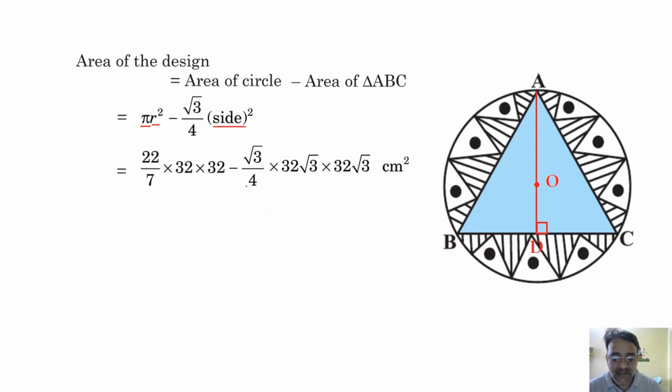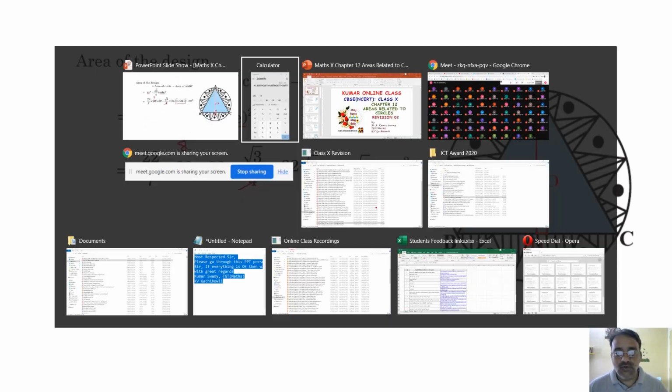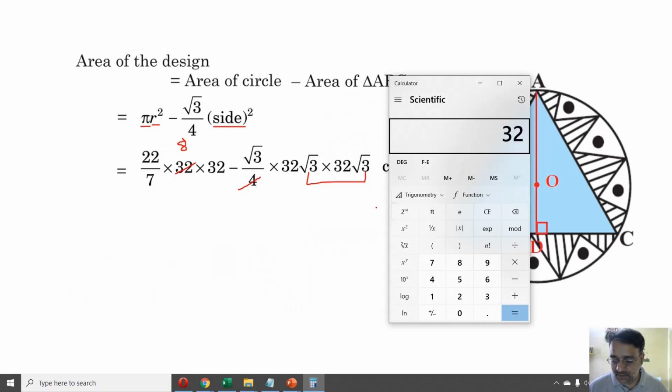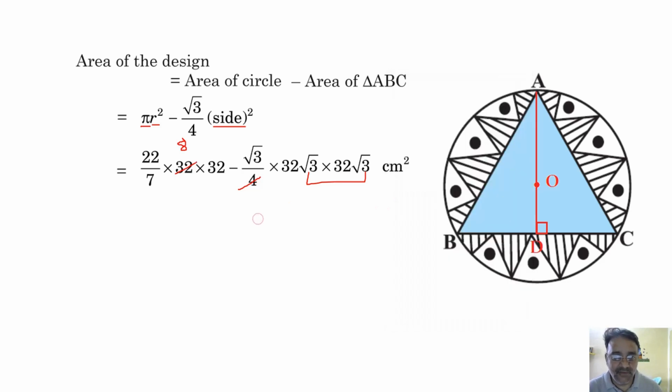Okay, so if we multiply all this, यहाँ पे 4 कैंसिल कर सकते हैं, 8 यहाँ पे मिलेगा, and root 3 into root 3 it will become 3. So we'll get 32 into 32 into 3. Wait. एक मिनट, ये 4 यहाँ पे कैंसिल नहीं होगा, सॉरी.